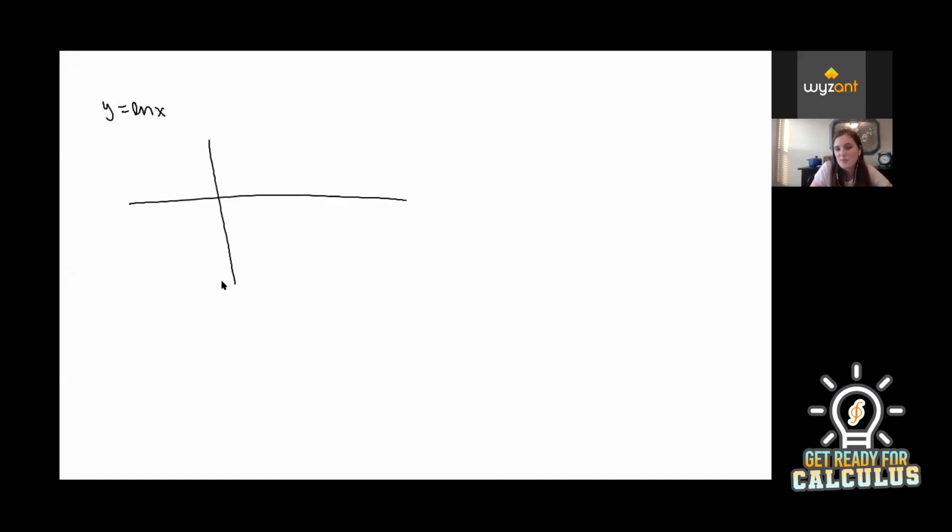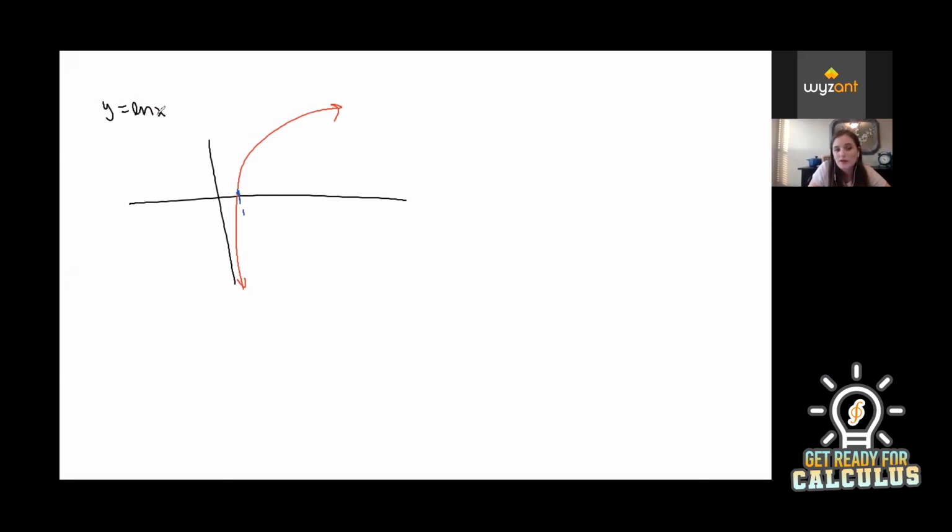If you think about that parent graph we saw earlier, it's going to go off like this. It's really important to remember that it can't actually hit 0. You can never plug in an x of 0 there because it's not in the domain. We talked about earlier how it hits at 1 here. So for any logarithmic graph, if you plug in 1, it's going to be 0.